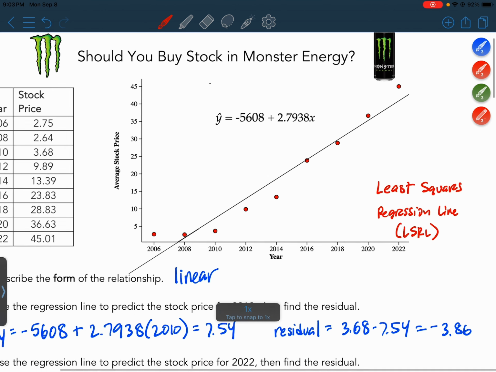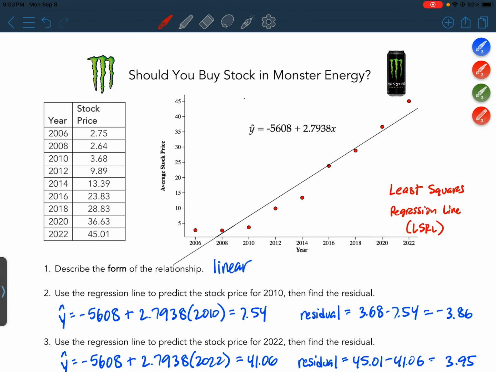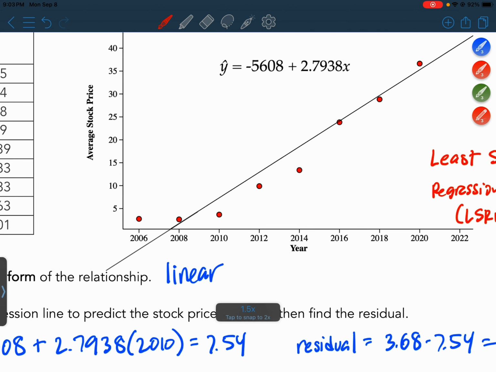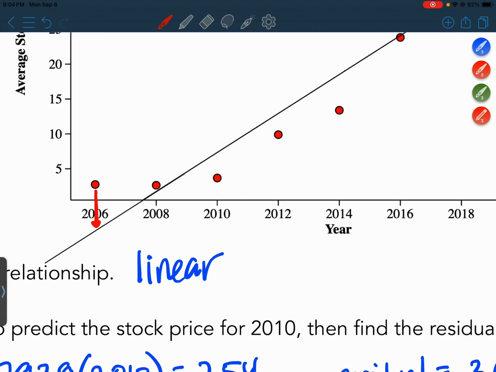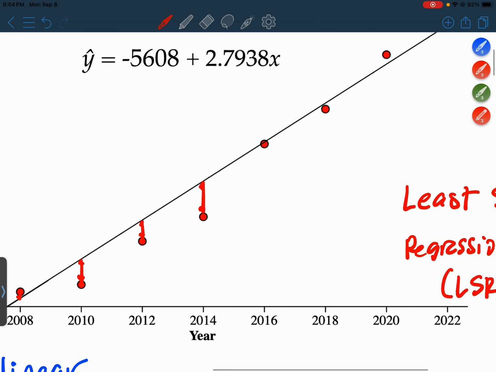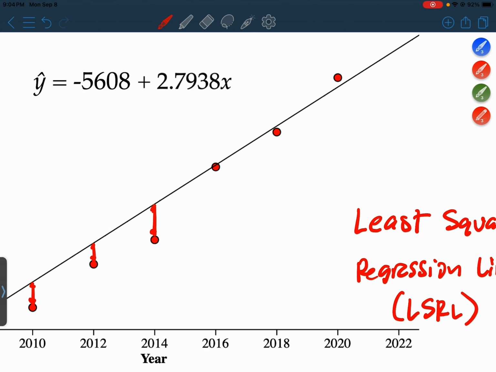So we can assess how well a line fits the data by first looking at the residuals. What are the vertical distances between each point and the linear model? Very small distance there.